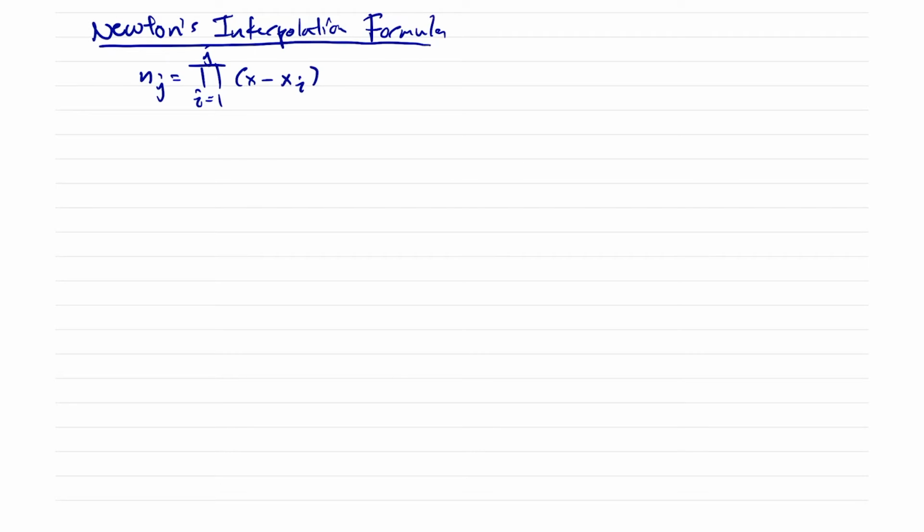Okay, so what do we know about it? Nj of x, putting in some other value, k, is going to be equal to 0 for k being equal to 1, 2, all the way up to j.